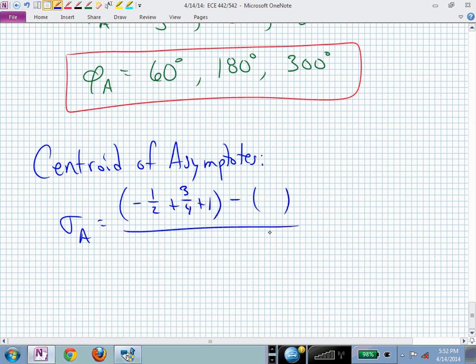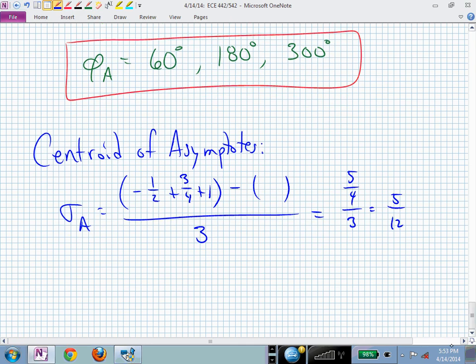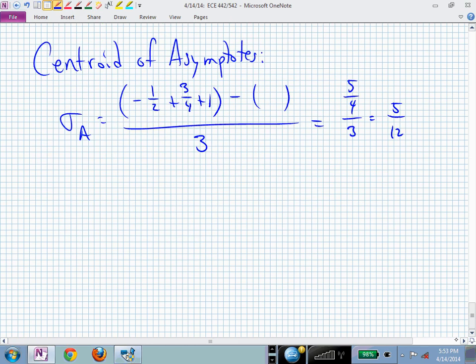I didn't have any zeros. I'll go ahead and show that. I'm subtracting nothing, and I'm dividing by the pole-zero excess. So I have 1/4 more than 1 sitting in there, or something a little bit less than 1/2 for my centroid of those two lines.